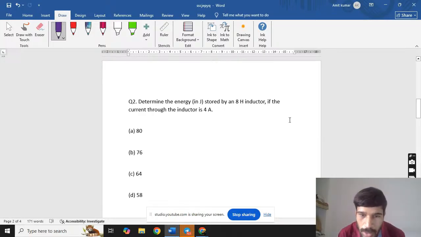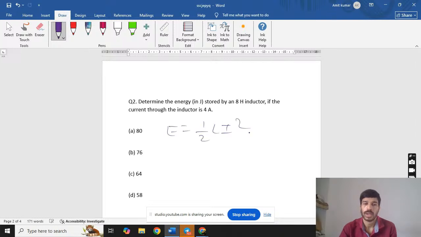Determine the energy stored in an 8 Henry inductor if the current through the inductor is 4 ampere. Here we will use the formula of energy stored in an inductor, that is E is equal to half L I square.